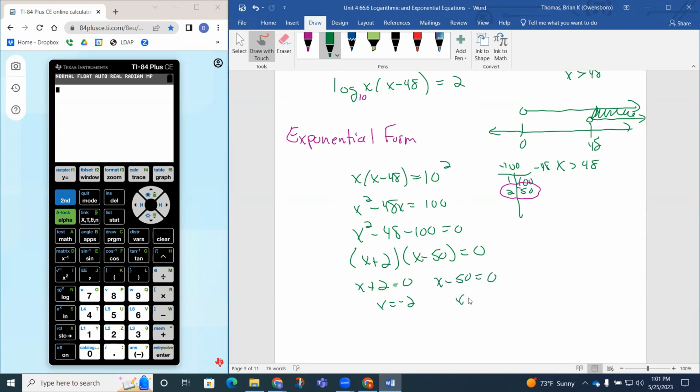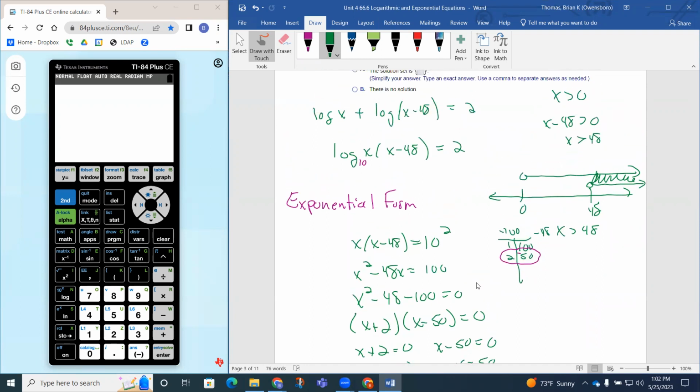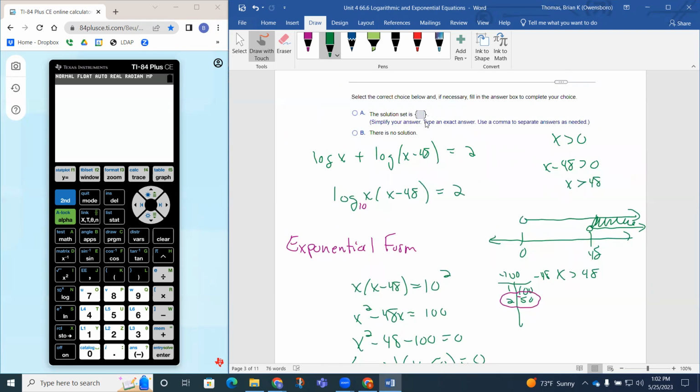Well, that would be 50. So 50 minus 50 would be 0. So if I put a 50 in there, that's going to work. So remember, based on our domain, x had to be actually greater than 48, so the negative 2 actually drops out. Our only solution would be the 48. I'm sorry, the 50, since it's greater than 48.